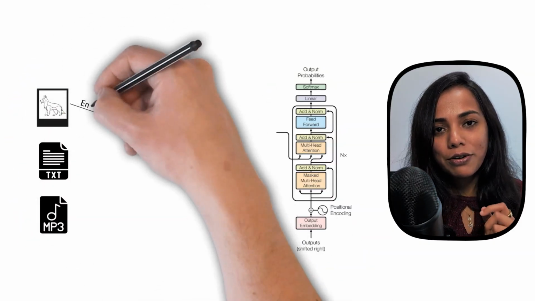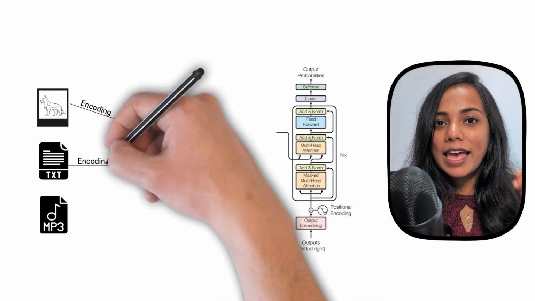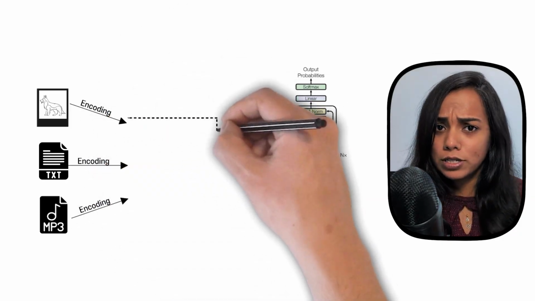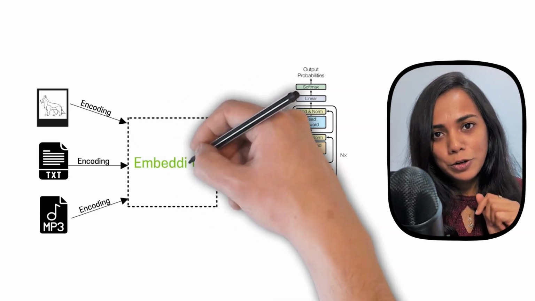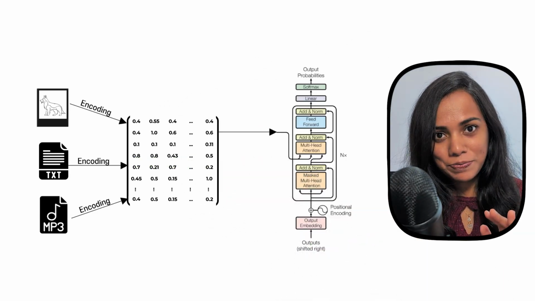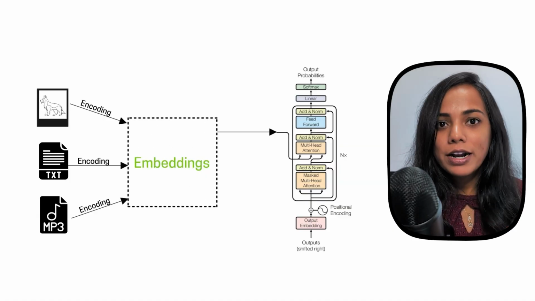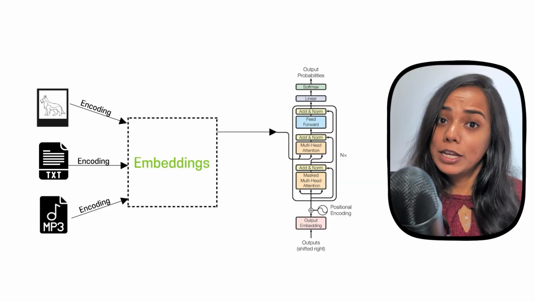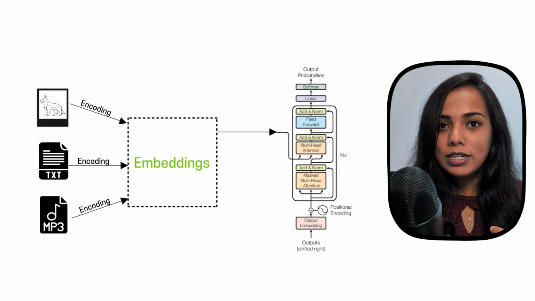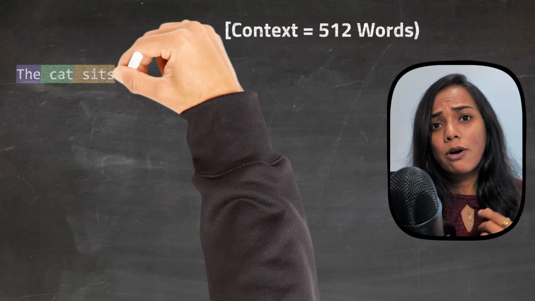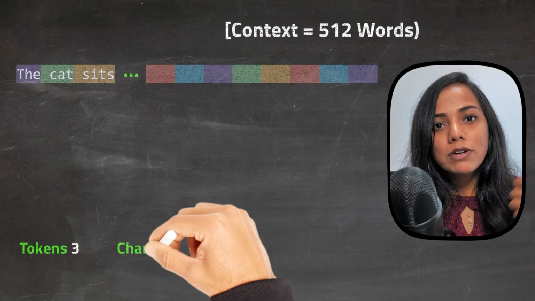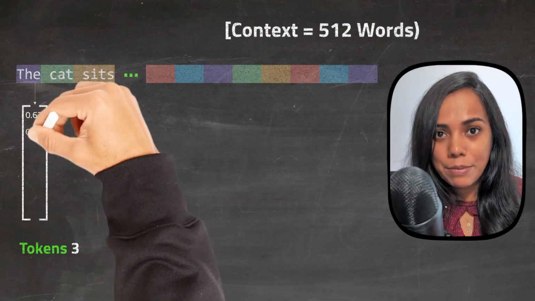Decoder-only models rely on turning every input, no matter what the type, into a single unified language, which is embeddings. When GPT-4 receives multimodal inputs, each input modality, whether it's text or an image, is first converted into what we call an embedding.